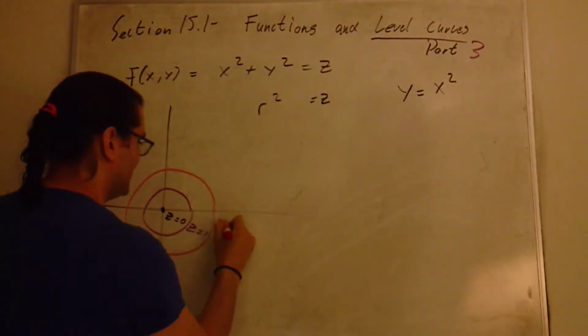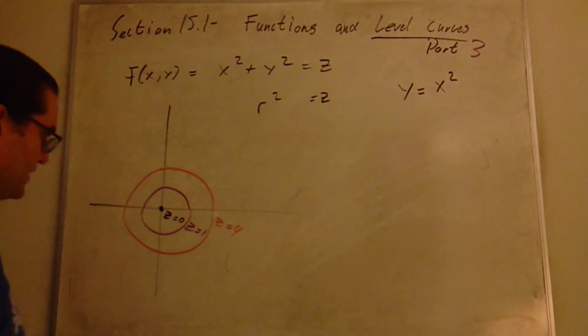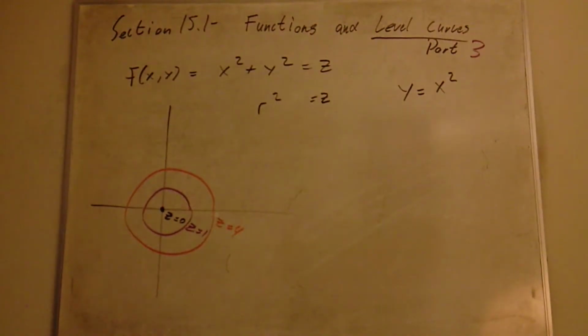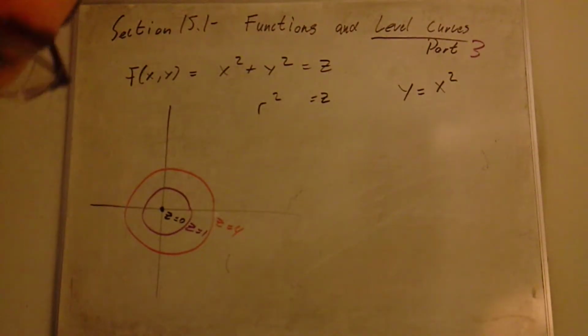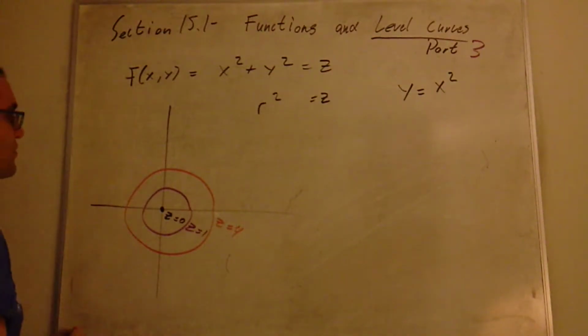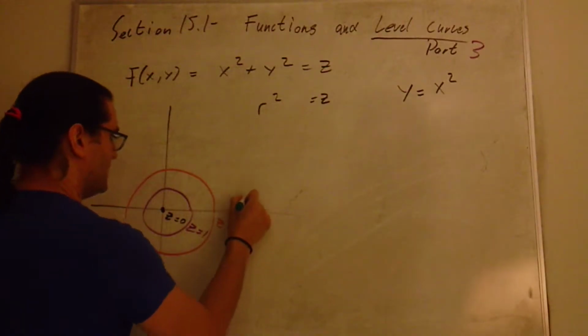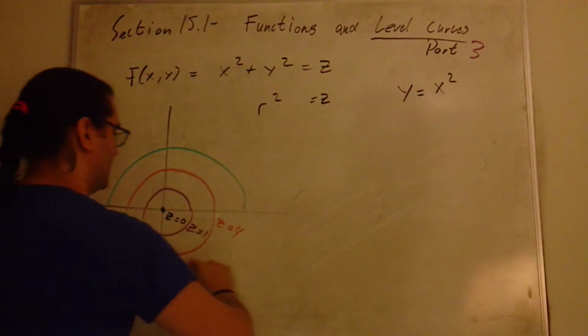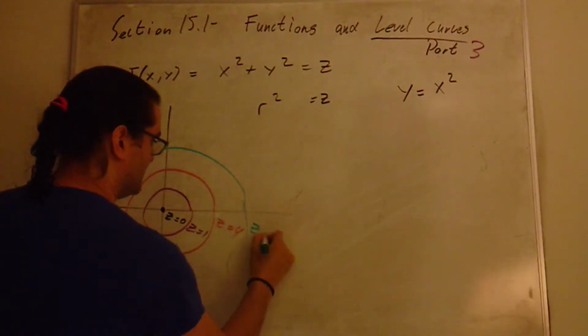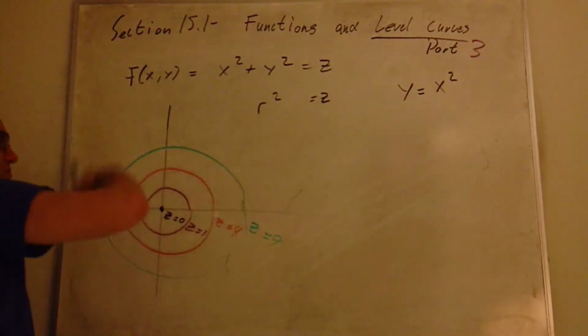So this is z equals 4. Hopefully the red is showing up on the camera. Let me see. Yeah, it looks pretty good on my end. Let's switch to green for z equals, I think our next step should be z equals 9. Z equals 9 is a circle of radius 3.